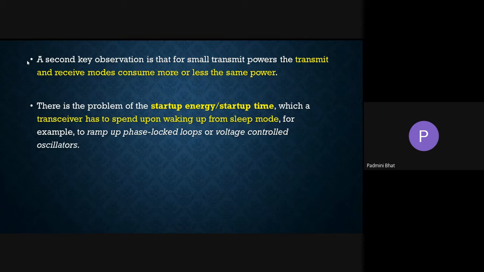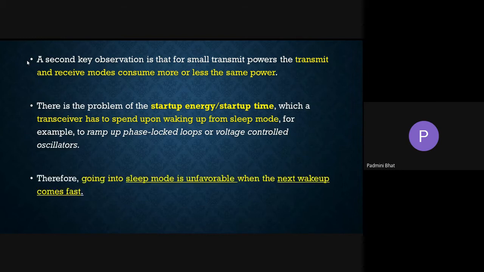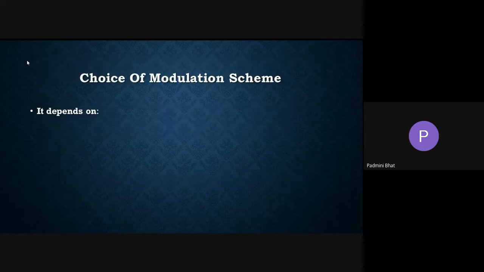Next, see this startup time and sleep mode, that we will discuss in detail when we come across it. Next, how to balance between the energy consumed as well as the energy radiated?